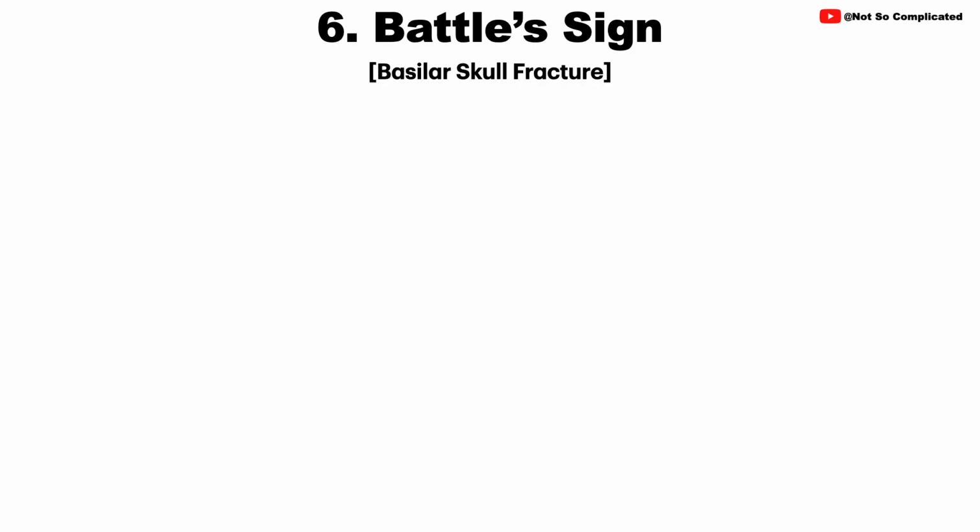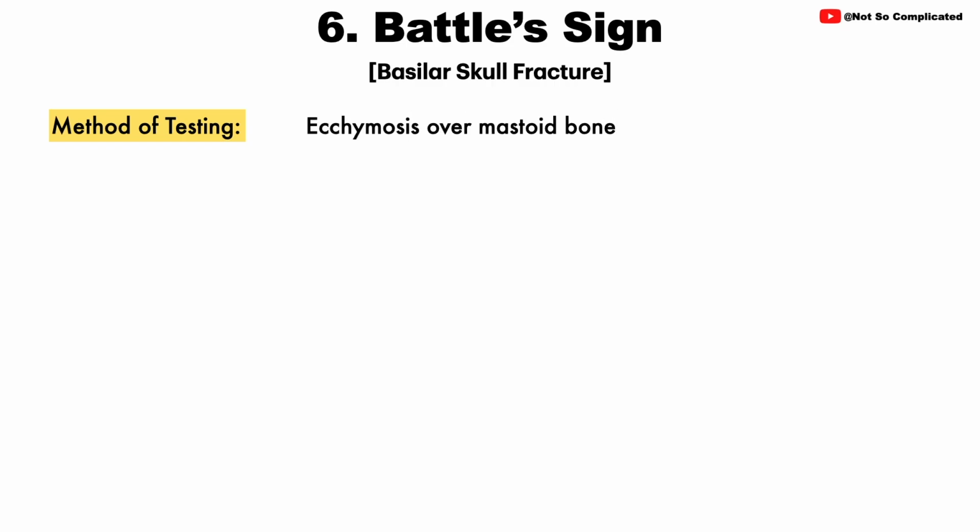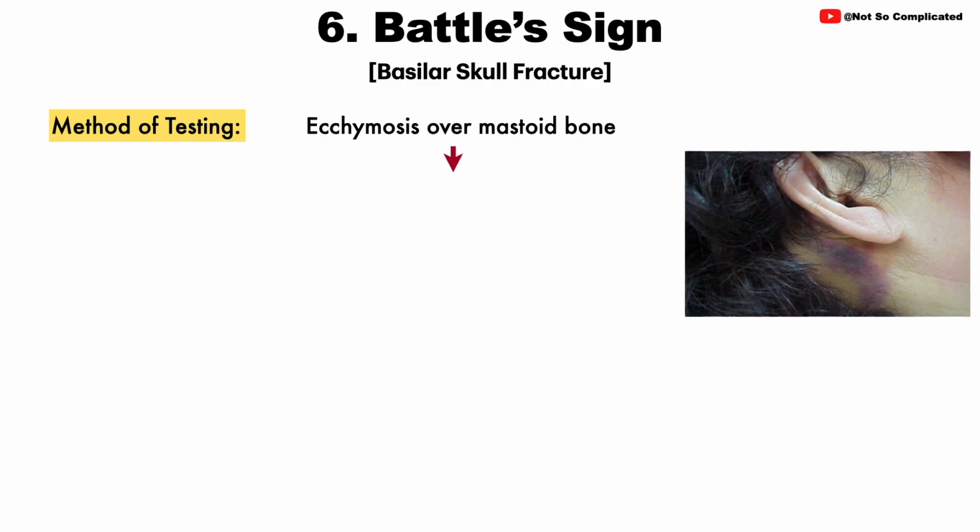The sixth sign is Battle sign. It is usually seen in basilar skull fractures. The method of testing is to visually look over the mastoid bone, where you will see ecchymosis. It is associated with CSF rhinorrhea and hemotympanum.